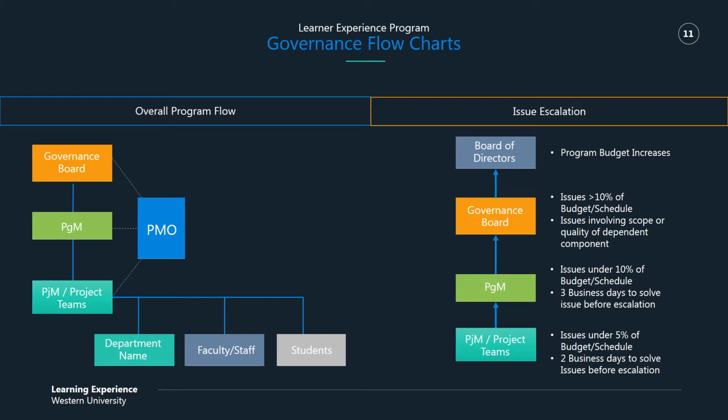Now, if the governance board is deciding on an issue that requires the increase of the overall program budget and there's no other way around it, they must then escalate that to the board of directors, who can then issue more money to the program if it deems fit.